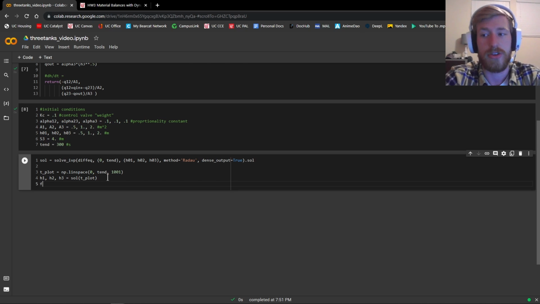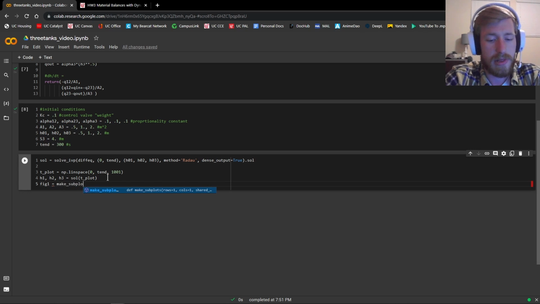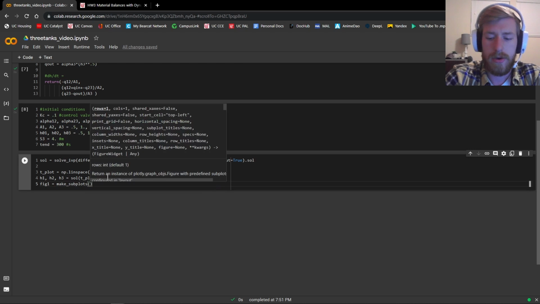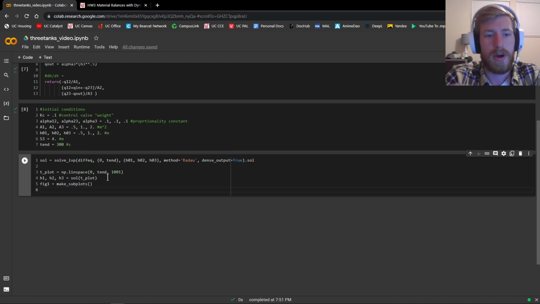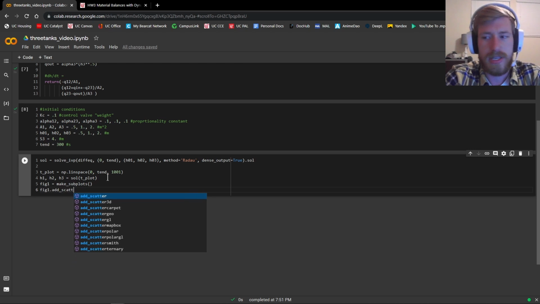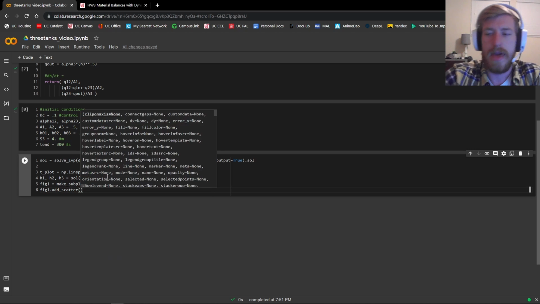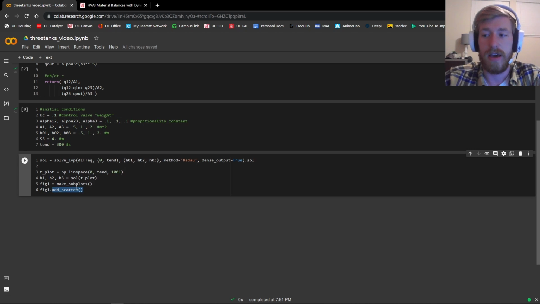library. So we're going to do as per usual, fig1 is equal to plotly, oh no, we don't have to do that since we already have plotly imported. We just do make_subplots. There we go. So now that fig1 hasn't actually been run yet, but it's now generated that subplot, we can do fig1.add_scatter. And then we're going to make three of these, one for each of the heights.